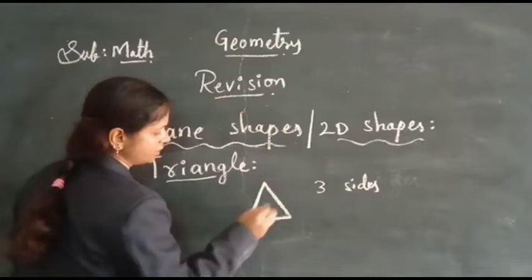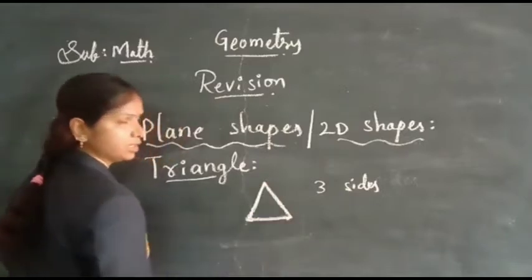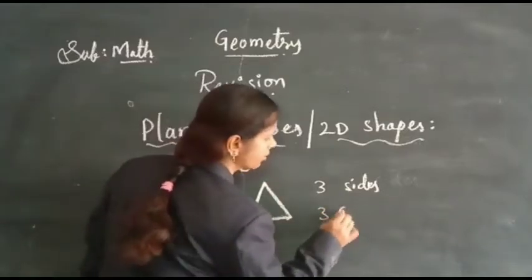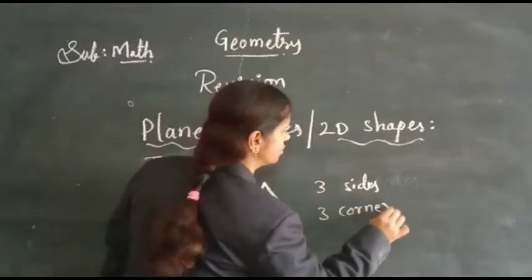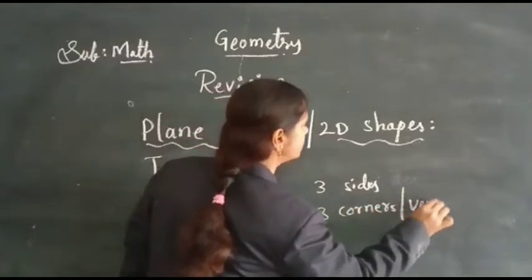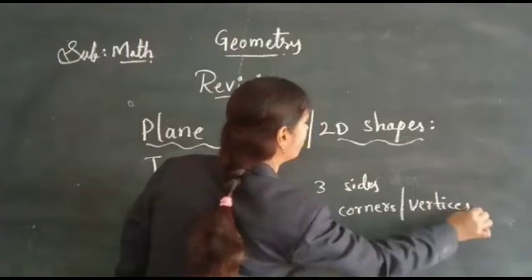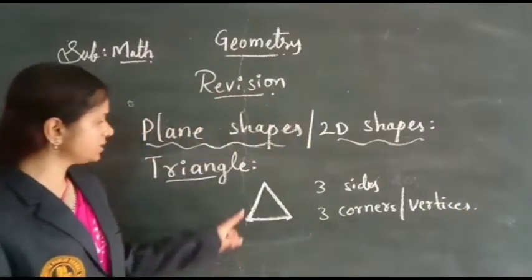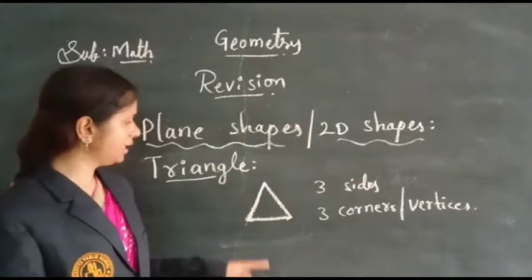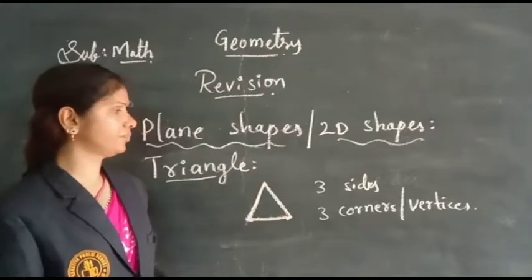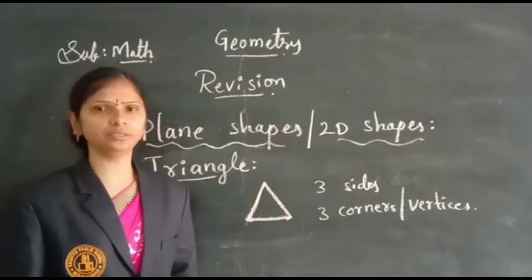And see here 1, 2, 3. It means a triangle has 3 corners, or you can call them vertices also. So a triangle has 3 sides and 3 corners.